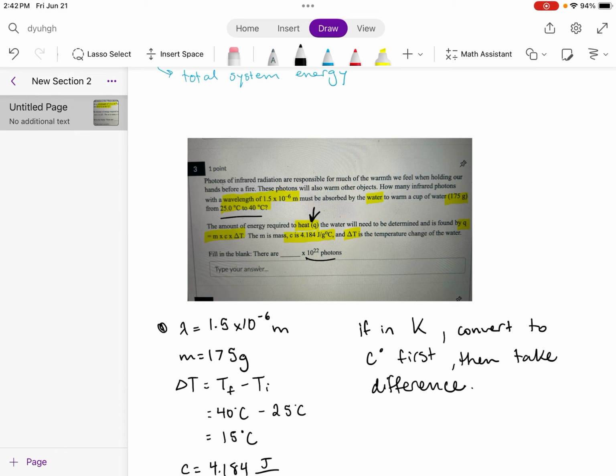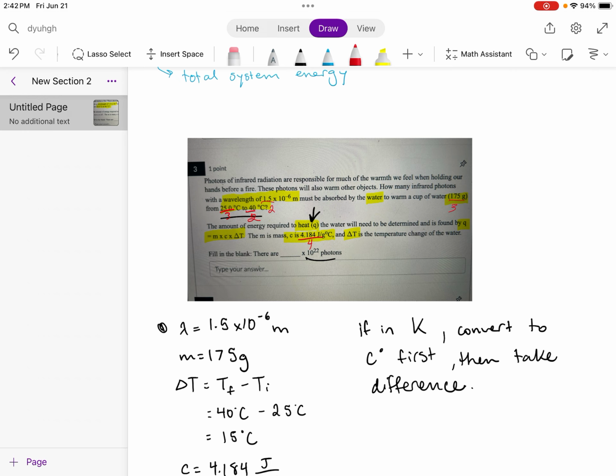Okay, I feel like you might need to round for this question, so let's go over significant digits. Basically, we use the least number of significant digits. So 1.5 has 2. 175 has 3 significant digits. This has 3. This has 2. This has 4.